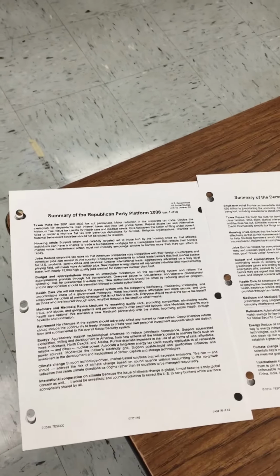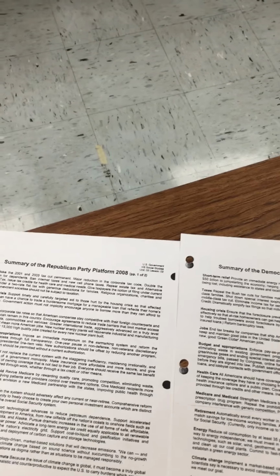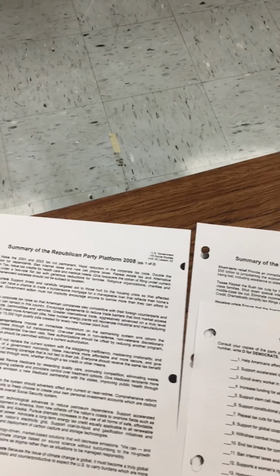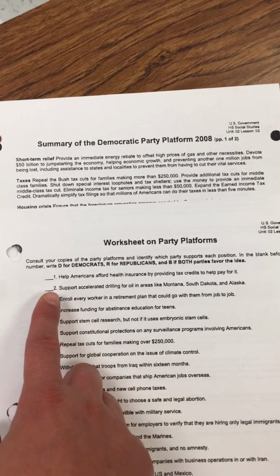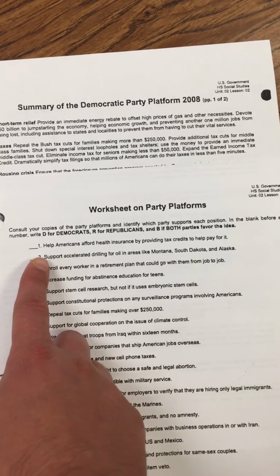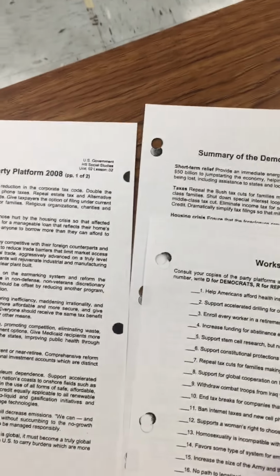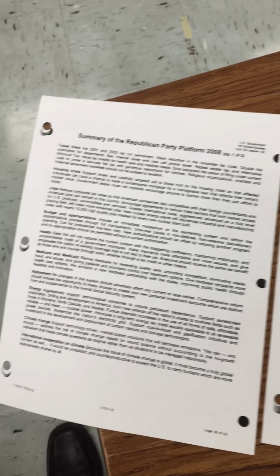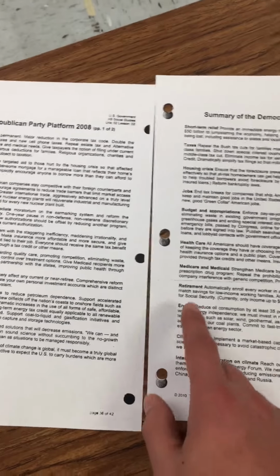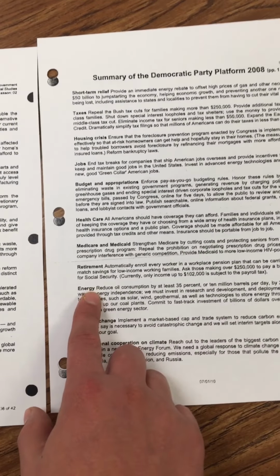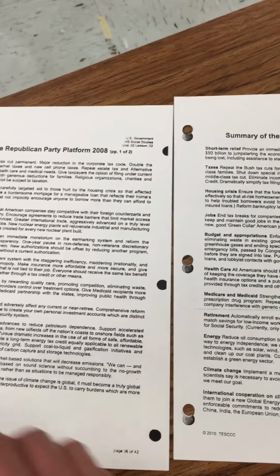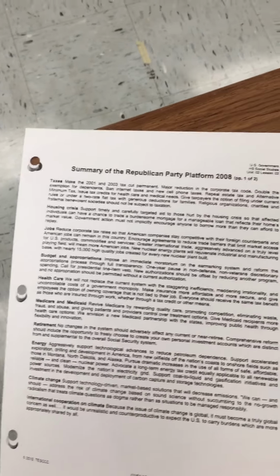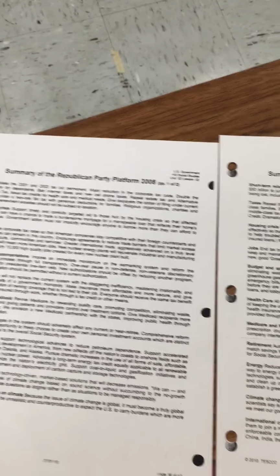Anyway, I hope all of this makes sense, but the last thing that I want to say is this. There are a few questions that can be tricky. Let me use number 2 as an example again. What if, for the statement supporting accelerated drilling for oil in Montana, South Dakota, and so on, only the Democratic Party had the topic of energy? What if, just hypothetically, bear with me, the Republican Party platform did not have the topic of energy?